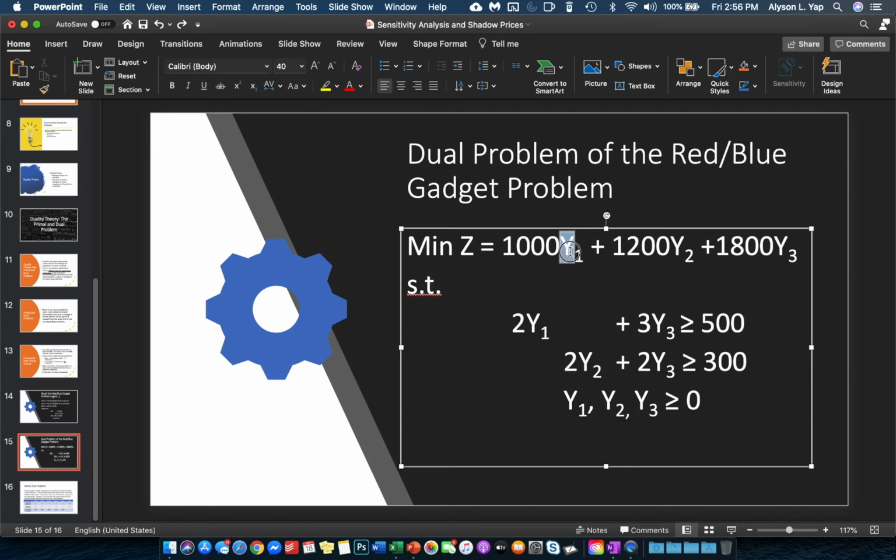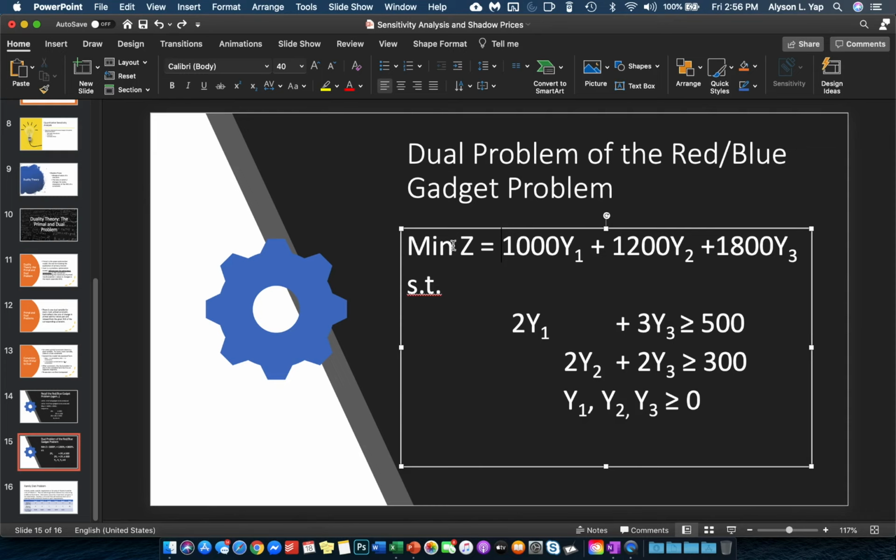And that is my Y1, Y2, and Y3. Okay? And because I know that ABC company has 1,000 units of steel, 1,200 units of wood, and 1,800 units of labor, if I get the sum product, this function is my total cost of purchasing the input materials of ABC company.